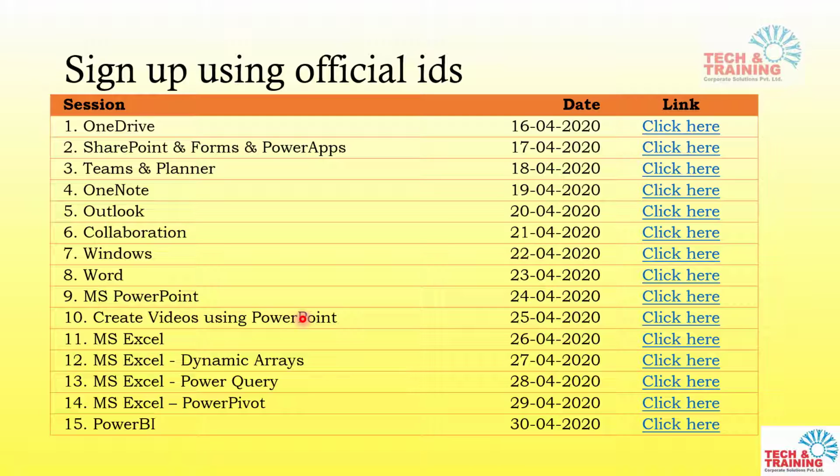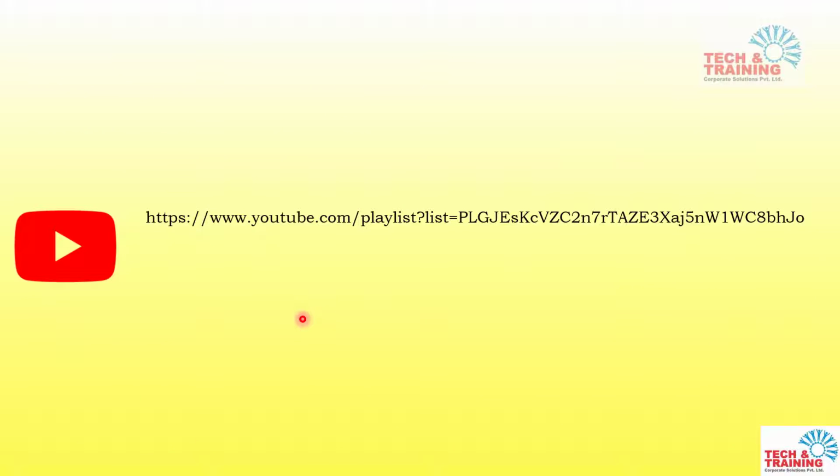If you are a novice who has never worked on Power BI, you can still create stunning, completely interactive visualization reports. So this is the schedule for all 15 days. I'm sure you will love to attend all of them, but let's get going.